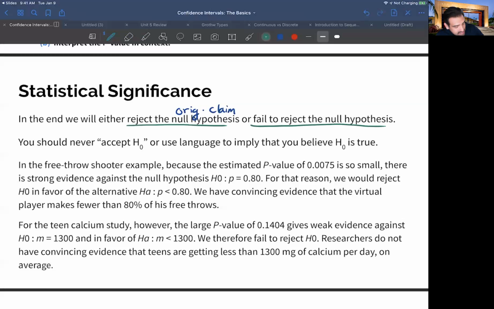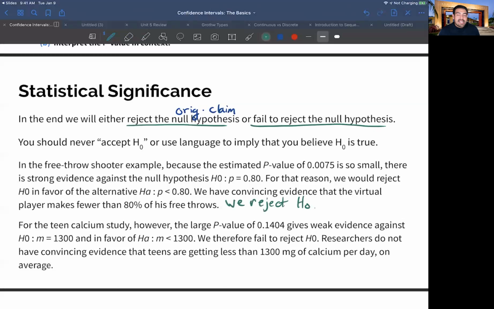Notice how I say we reject the null hypothesis. I didn't say we accept that the proportion is lower. I don't accept the alternative. Remember, we only reject the null or we fail to reject the null. So here we're rejecting the null hypothesis.